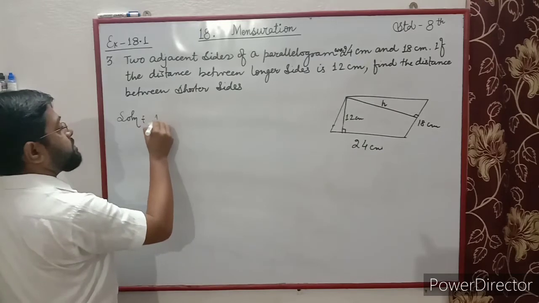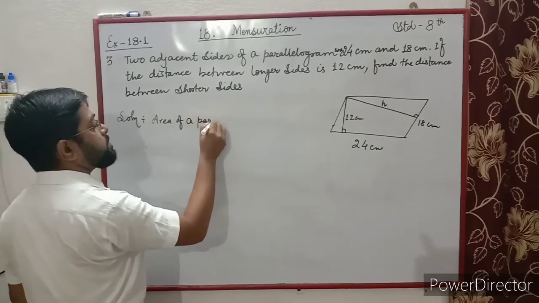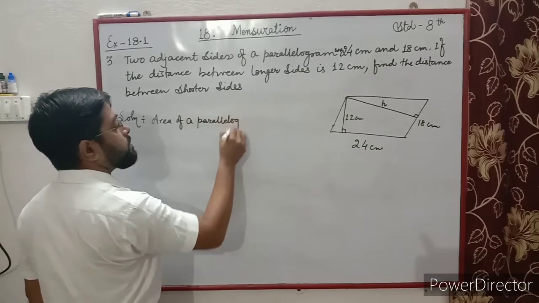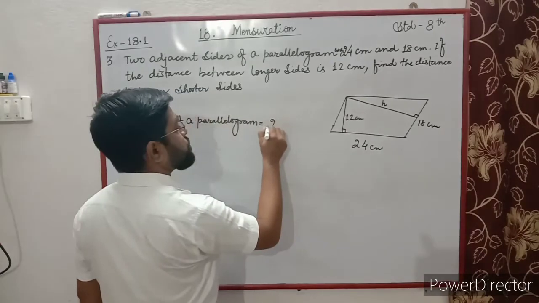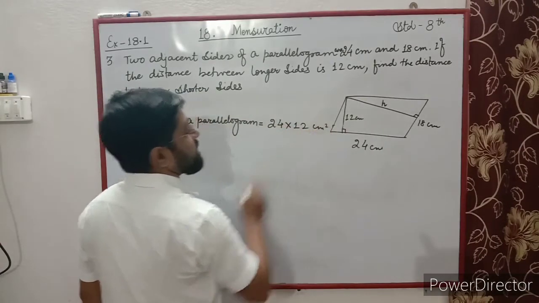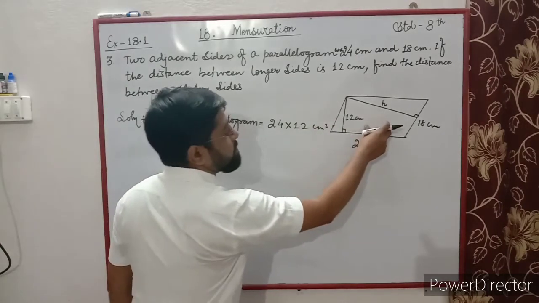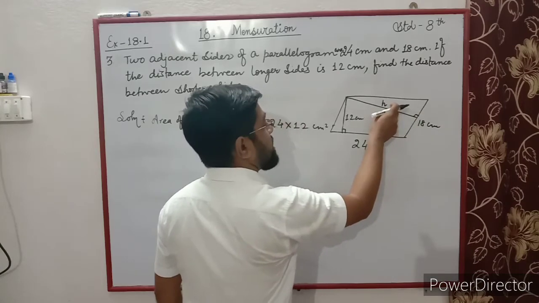Now area of a parallelogram is equal to base into height. So 24 into 12 centimeter square. Now as the same parallelogram, base is 18 centimeter and height is h.